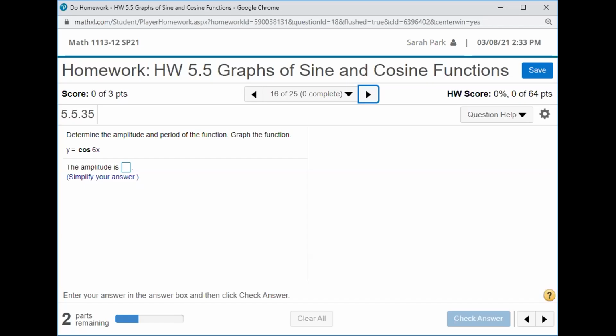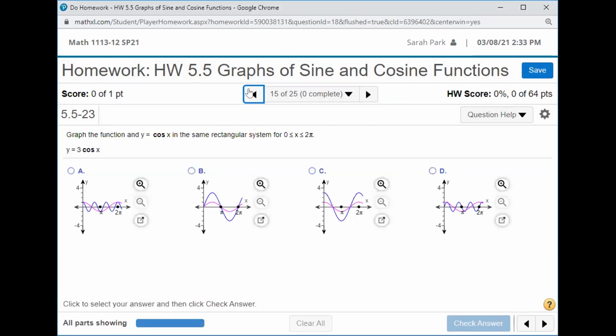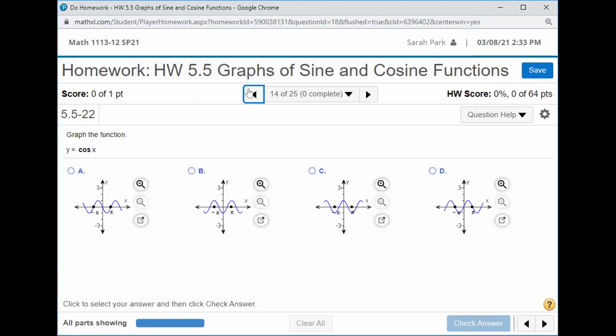Okay, so here's a problem, let's look at this first. To do the basic cosine function, we already said that at 0, it's going to begin at 1.